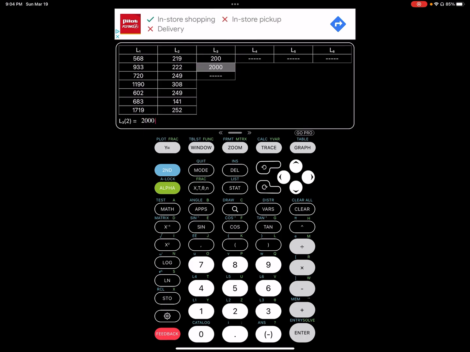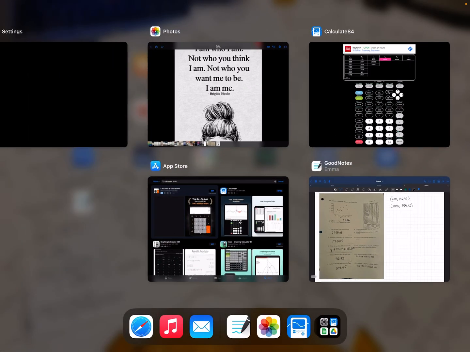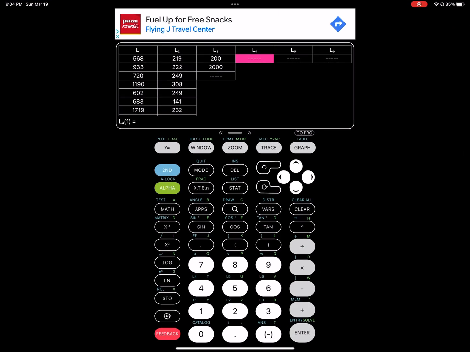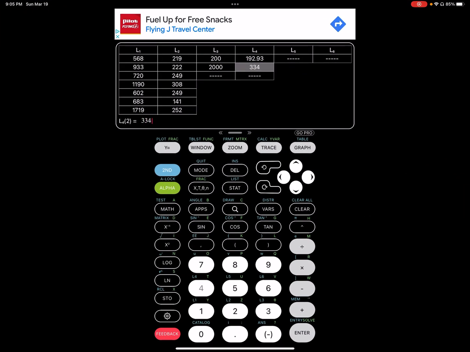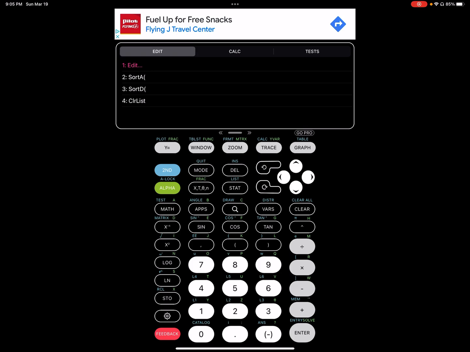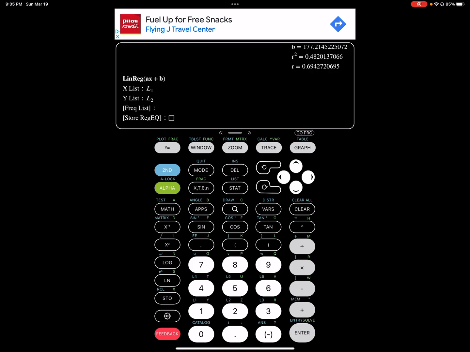So I'm going to go over here to Stat. I'm going to go to Edit, but this time I'm going to go to L3. We had 200, and then 2,000. And 200 was at 192.93, and then 2,000 was at 334.45.